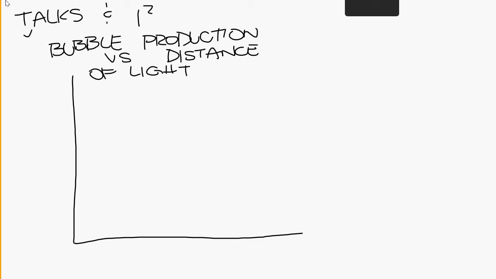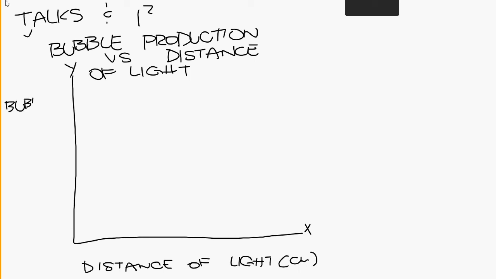Check this off. My axes: this is my y, this is my x. So my x-axis is distance of light in centimeters. This one is bubble production in bubbles per minute.